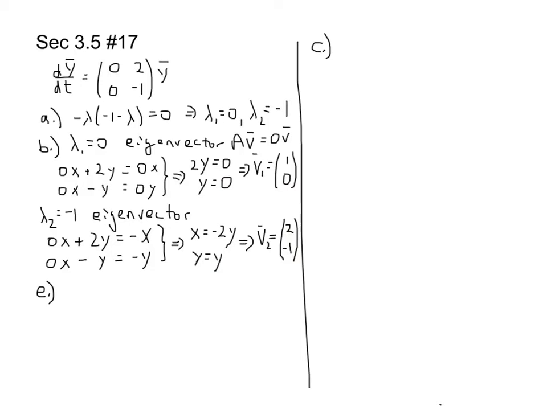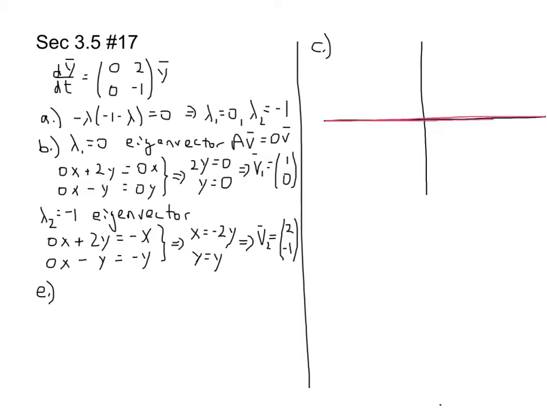In part C, it says to sketch the phase portrait, and it's important here to recognize and include our two known eigenvectors.